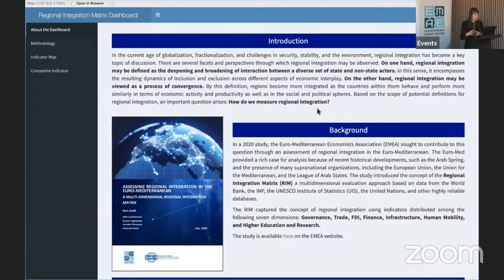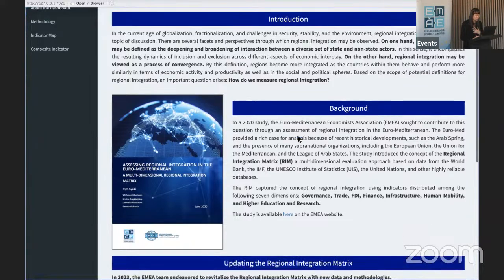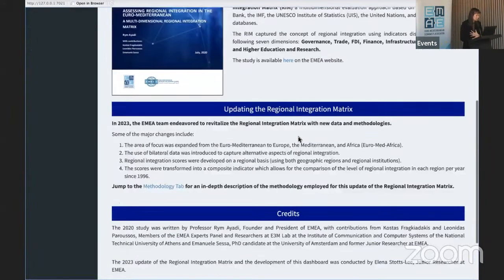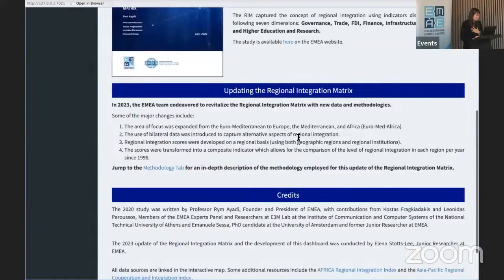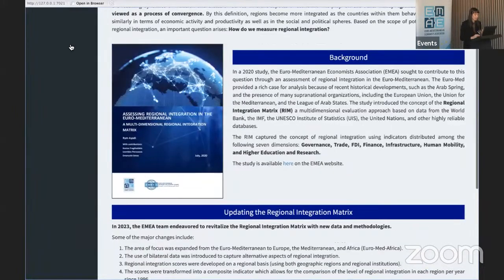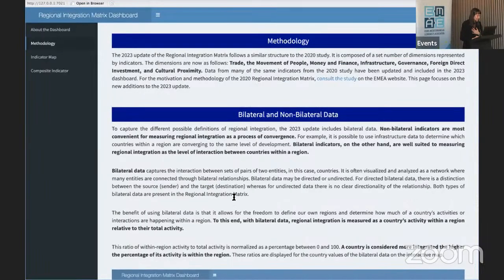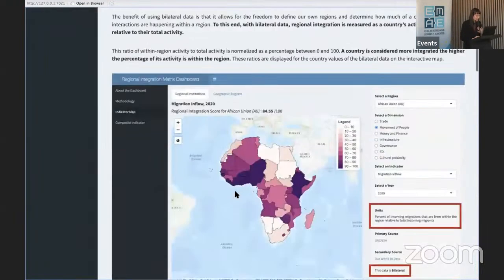What I've done here is integrated into the EMEA website, and it'll be available once it's fully developed. I wrote a quick introduction, kind of as I spoke to you now, and a detailed methodology tab that probably explains things a little bit better than I did just now.